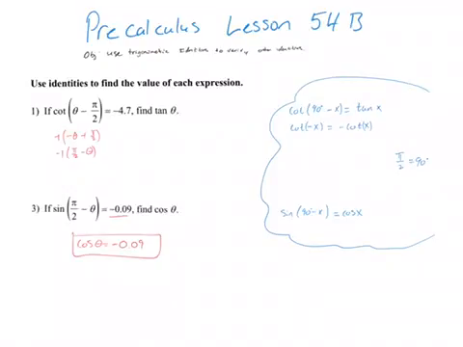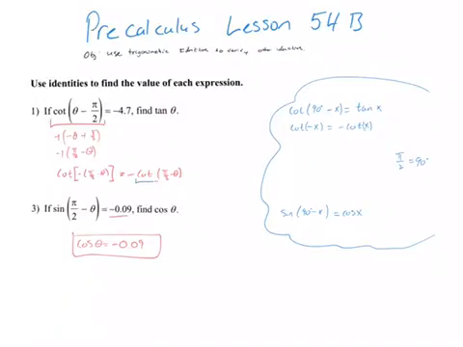So now I can rewrite this as cotangent of negative pi over 2 minus theta. And I'm going to remember that cotangents are odd functions, so that means this is the same thing as negative cotangent of pi over 2 minus theta. Alright, and that's this rule here. And pull that negative outside.